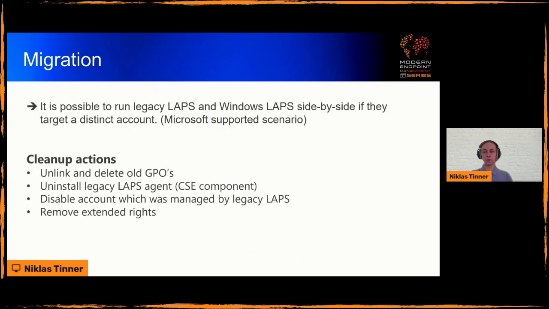Because once the new Windows Labs is implemented, there's no component needed, it's all built into Windows. Then if you had another distinct account which was only managed by legacy labs, you can of course disable and delete them.